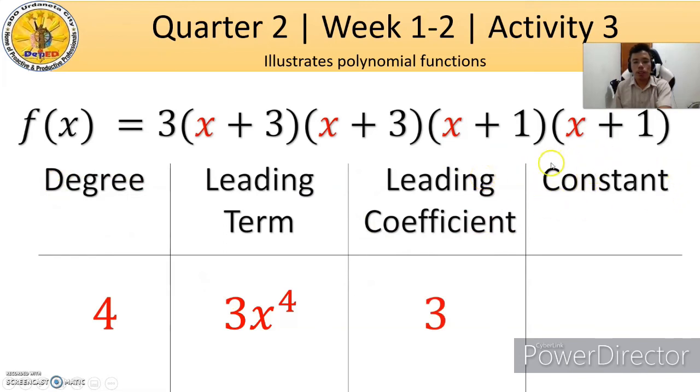And for the constant, we are going to multiply the factor outside, 3, and then the 3 in the first binomial and another 3 in the second binomial and 1 from the third binomial and also 1 from the fourth binomial. So we will have 3 times 3 times 3 times 1, which is equal to 27.